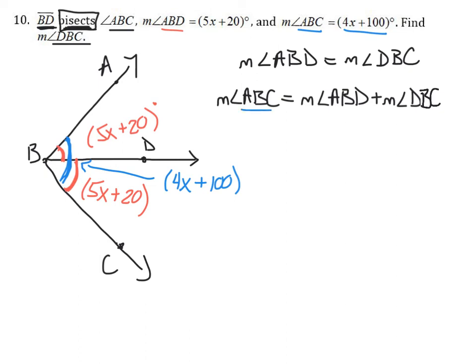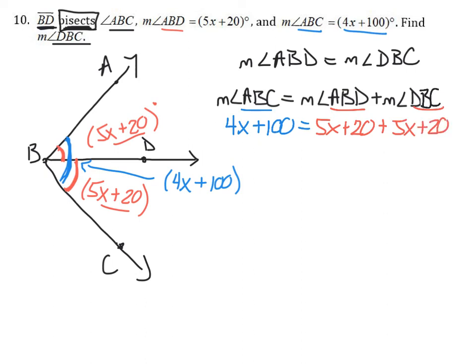I do know that ABC is 4x plus 100. And that's going to be equal to ABD, which is 5x plus 20, plus DBC, which is another 5x plus 20. Now, take a second, try to go through and solve this, and I'll reveal the answer in a couple seconds.